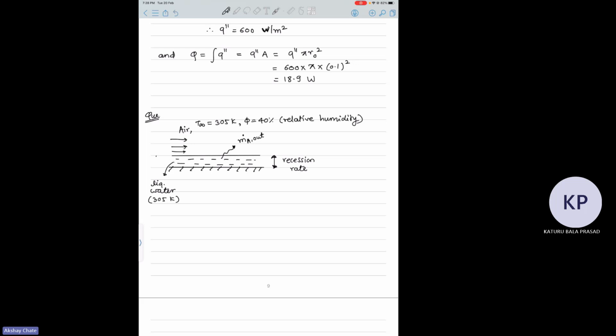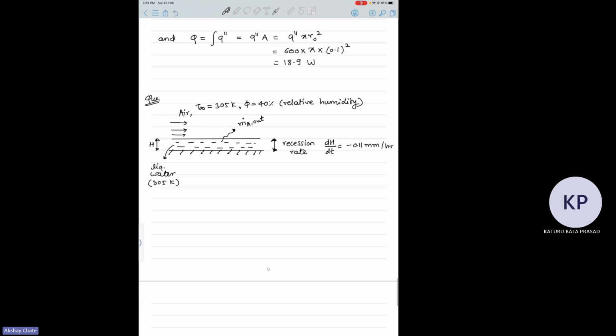We'll represent this height by capital H. So dH by dt, the rate of change of height, is given as 0.1 mm per hour. It's a slow process, and the negative sign implies it is evaporating. So the water is going out. I think it is 0.11 mm.